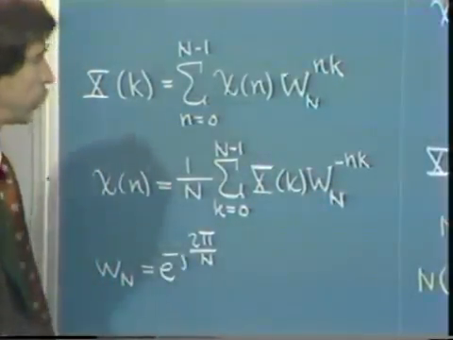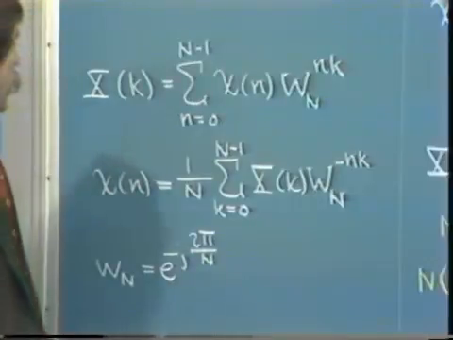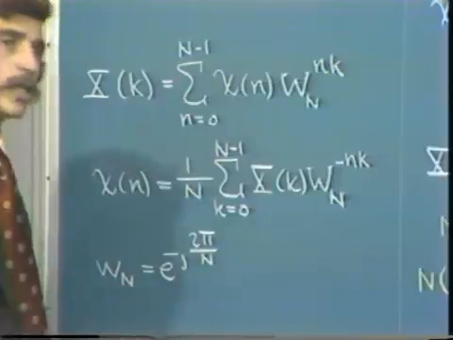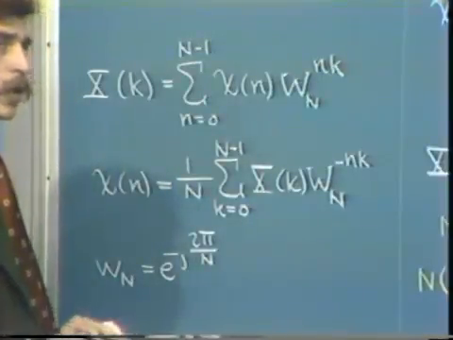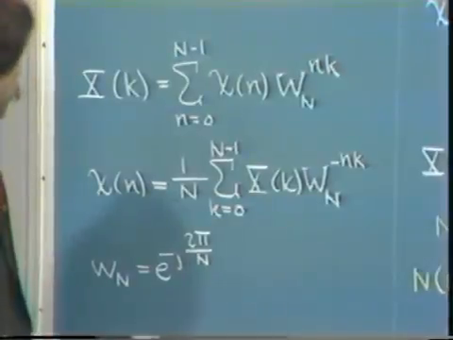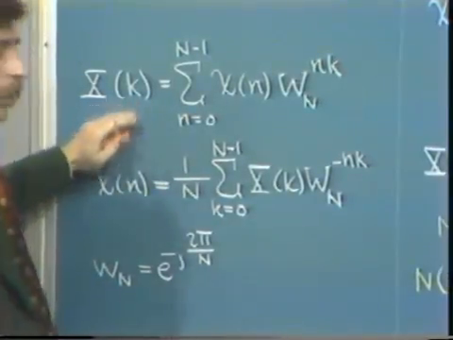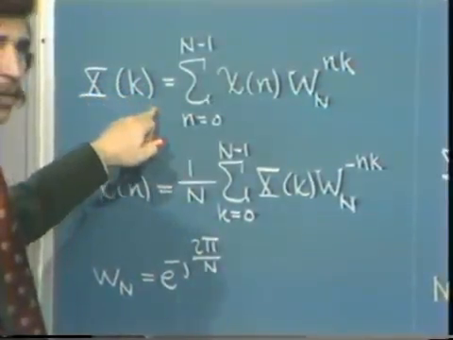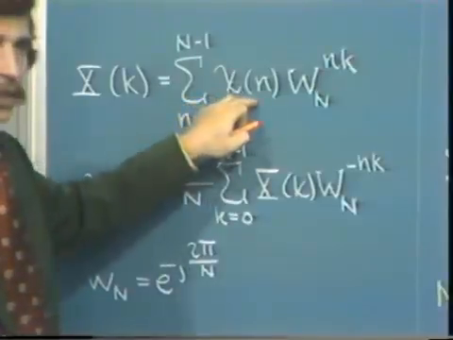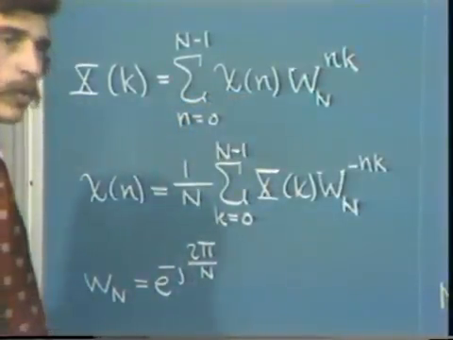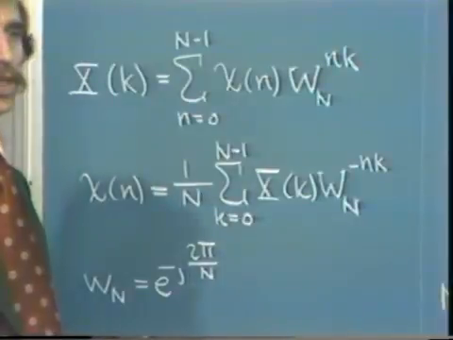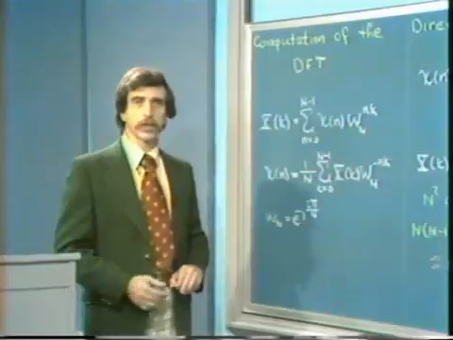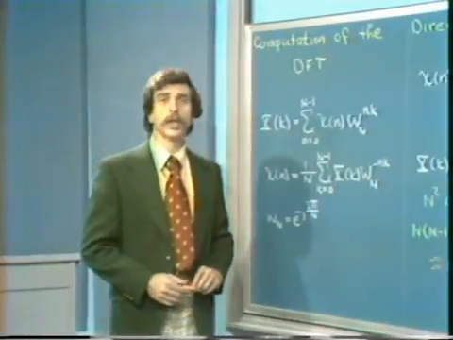Now, hopefully you recall from the discussion of the discrete Fourier transform that the inverse DFT is really the same as the discrete Fourier transform if we reverse the result in n, etc. In other words, computation of the inverse DFT is really essentially the same as the computation of the DFT. So whereas we'll be referring the discussion to the computation of the discrete Fourier transform, essentially everything that we say applies also to a computation of the inverse DFT.